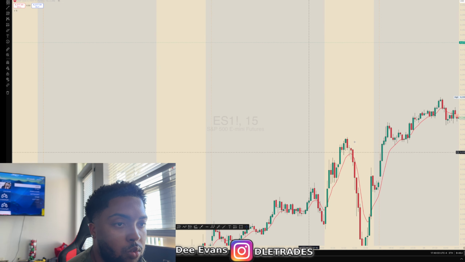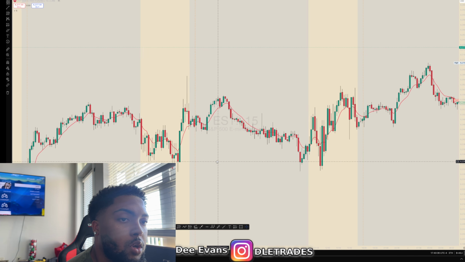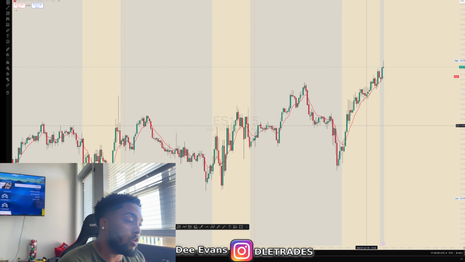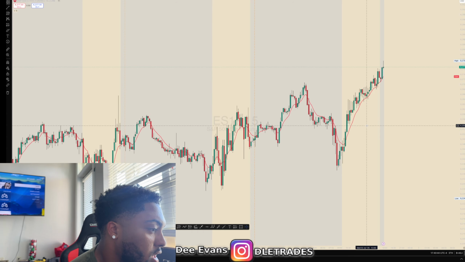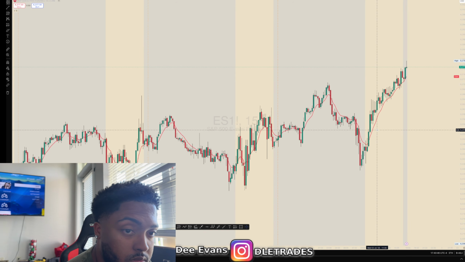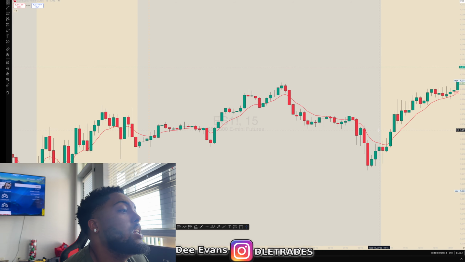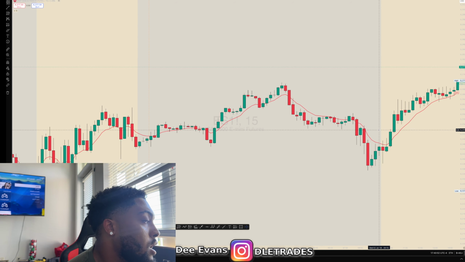Okay. So what is an opening range breakout? An opening range breakout is just when the market opens, it creates a range, right? Now, typically for the first 15 minutes, you sit on your hands and you don't take any type of trade. For me, there's two ways I look at an opening range. Typically, it's the first 15 minutes of the market being open.